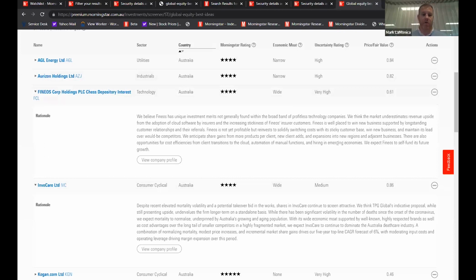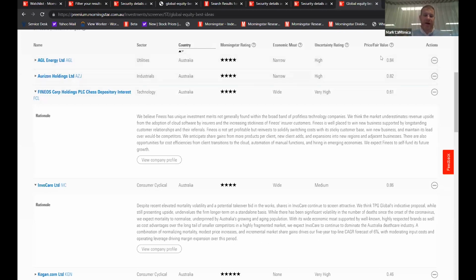Maybe you're fine loading up your portfolio with companies that are more like Fineos than if you were about to retire. So you might be trying to find that kind of lottery ticket return from something in your portfolio if you've got 30 years to go until retirement. Whereas if volatility is really impacting you and how much you can take out every year from retirement, maybe those are not the types of companies that you want to put into your portfolio.